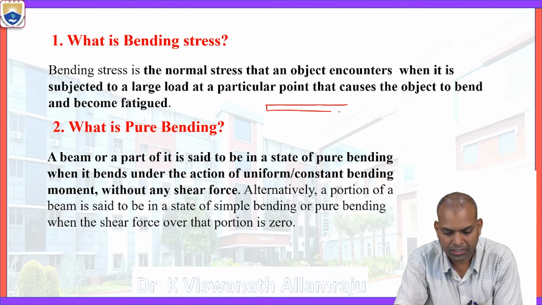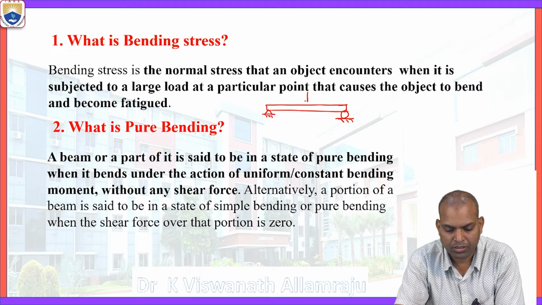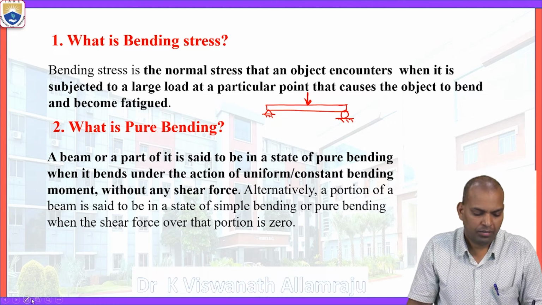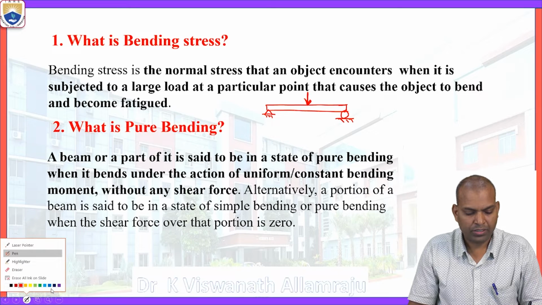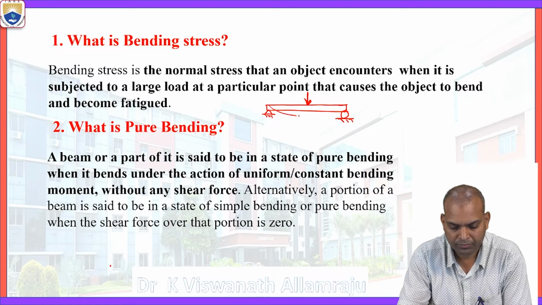Suppose you are considering a simply supported beam and apply a point load at the midpoint. Because of the effect of the load, the beam will bend in this section.